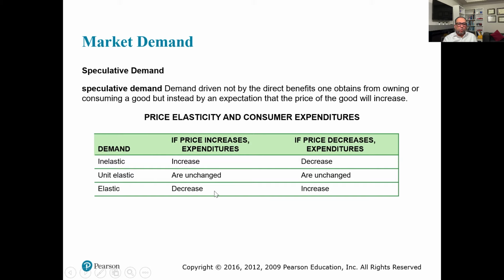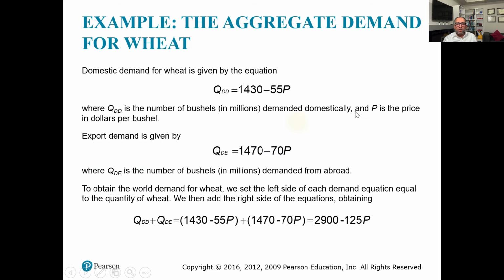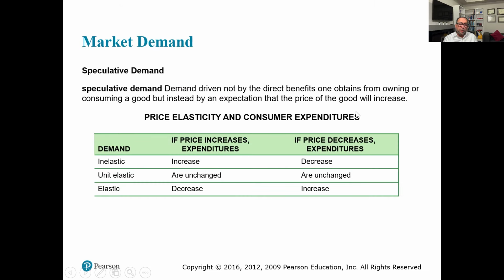So in this case, we see price elasticity and consumer expenditure. As we just mentioned, for inelastic demand, if the price increases, expenditure increases. If the price decreases, expenditure decreases. On the other hand, if it is unit elastic, there is no change, as we mentioned, because exactly the percentage change in quantity is matched by the percentage change in price.